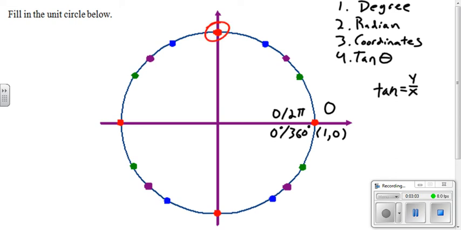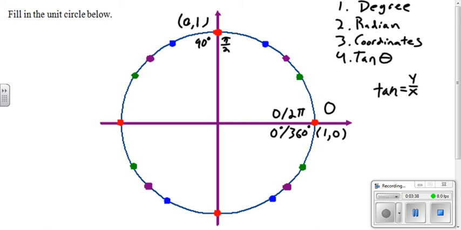Moving on to this dot up here, again, we know that it is 1 length away, so it's 0 left and right, it's on the x-axis, and it's 1 unit straight up. So we would say it's at the point 0, 1. The angle that it creates right here is a 90-degree angle, in which case we also know that it is pi over 2 radians.